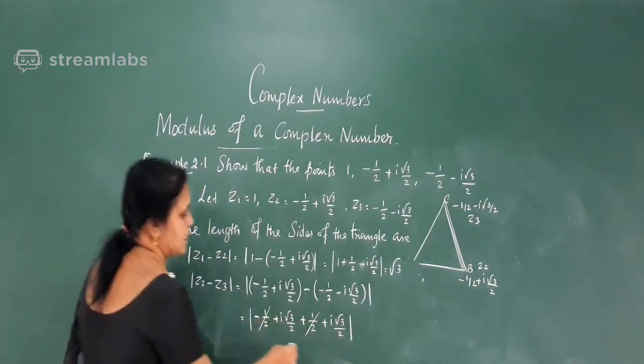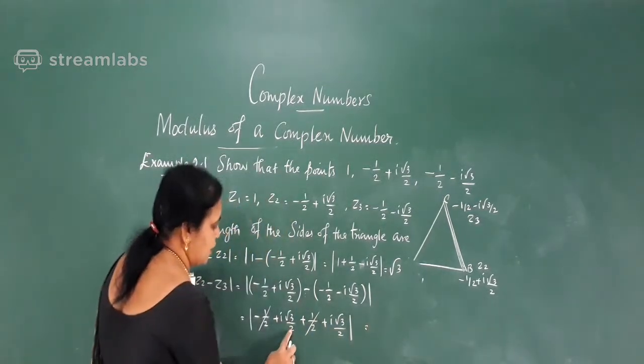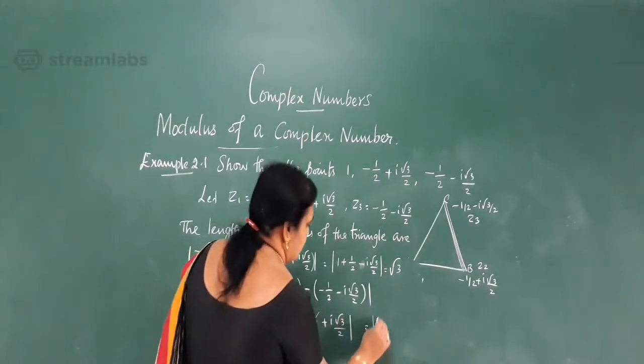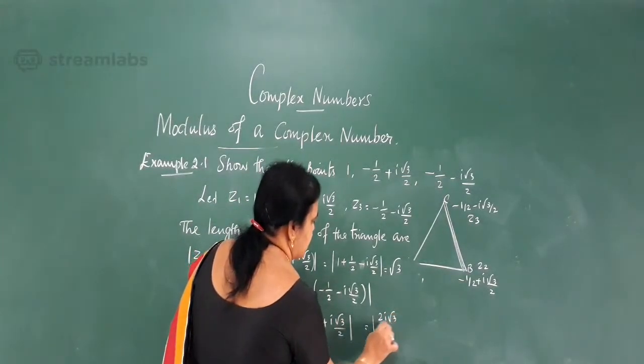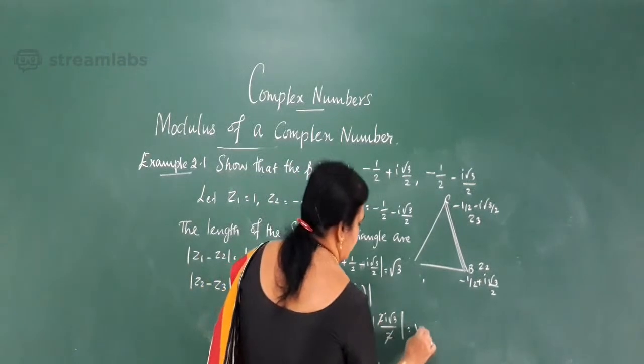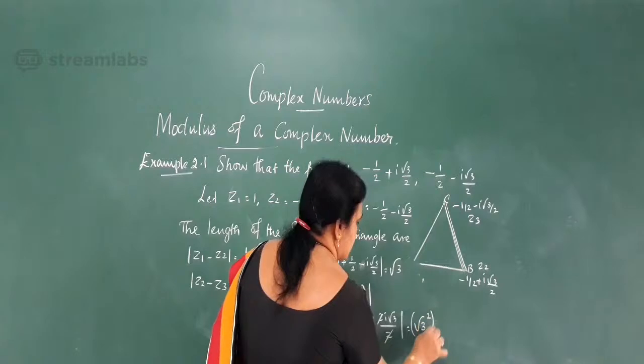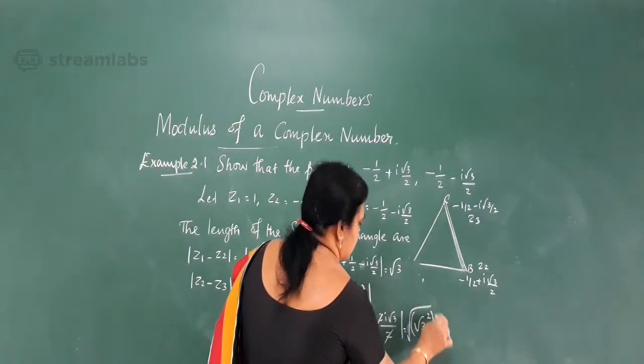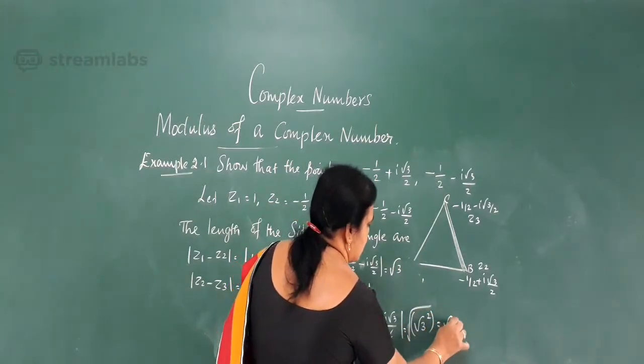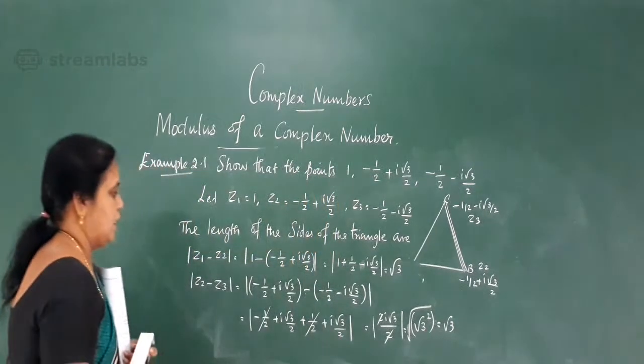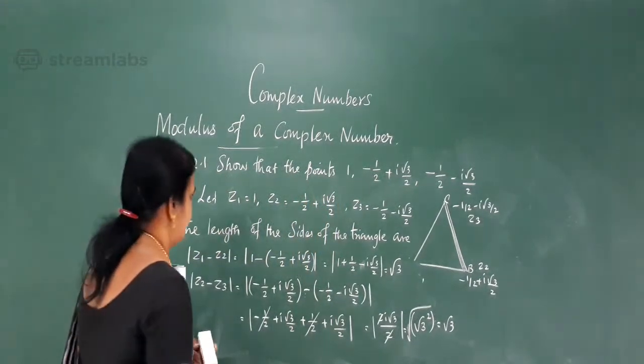These two get cancelled. Here i root 3 by 2, here also i root 3 by 2, so 2 i root 3 by 2. If you are finding the square, this square and this square root will be cancelled, giving root 3.